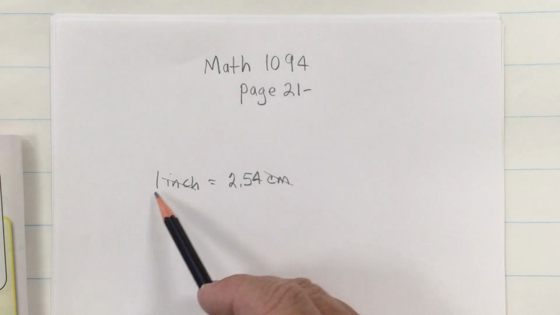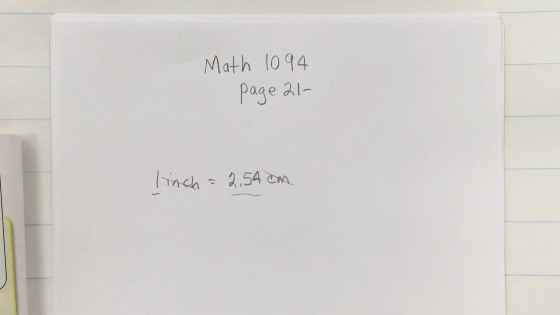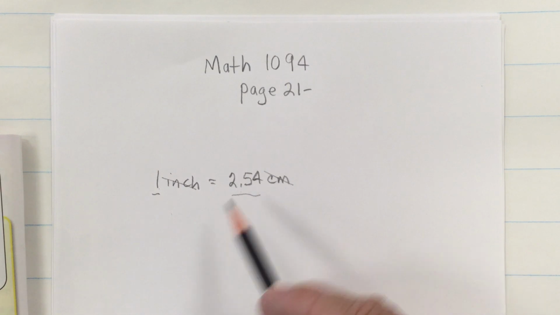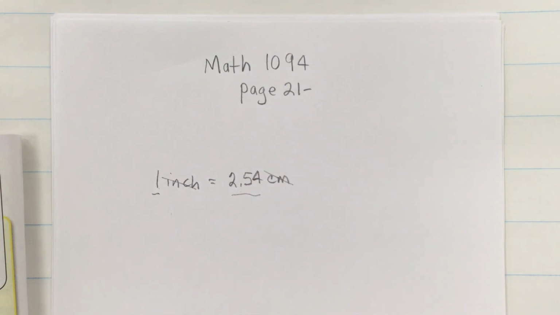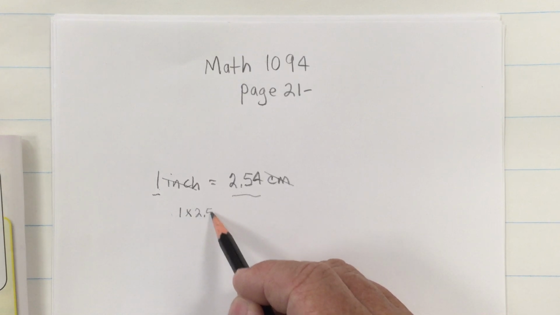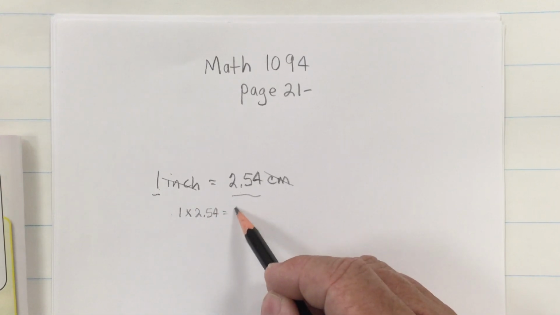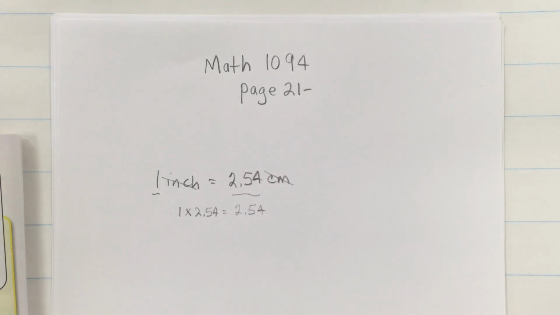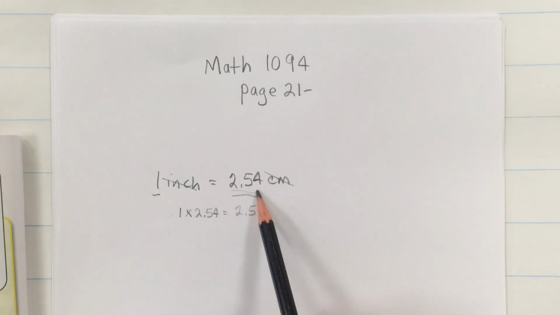Is it 1 or is it 2.54? Well, 2.54 is the higher number. So how do we go from this number to get to here? Well, we have to multiply by something. So we have to multiply 1 times 2.54 equals 2.54, okay?